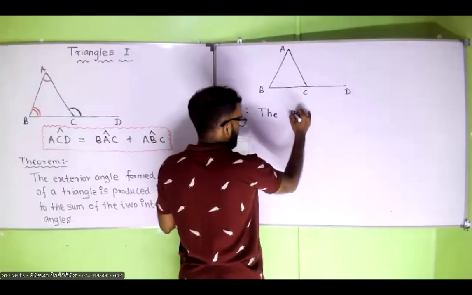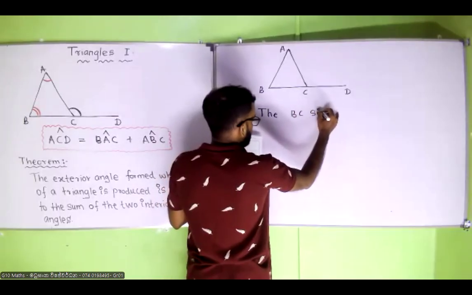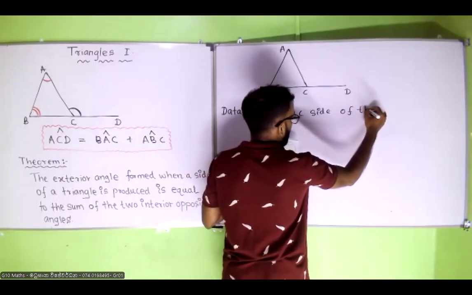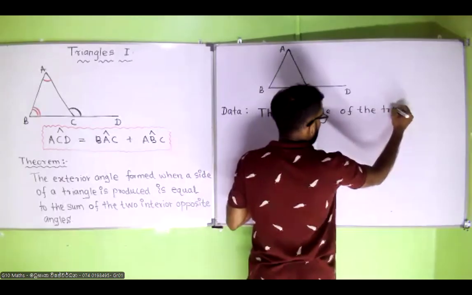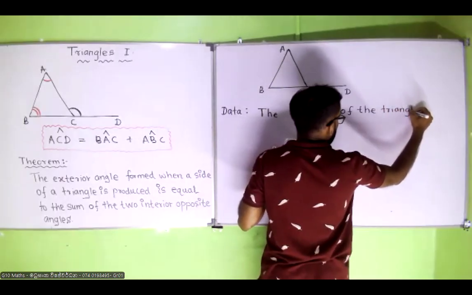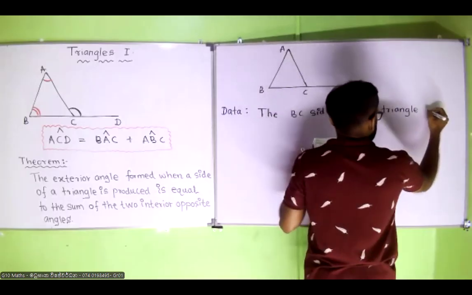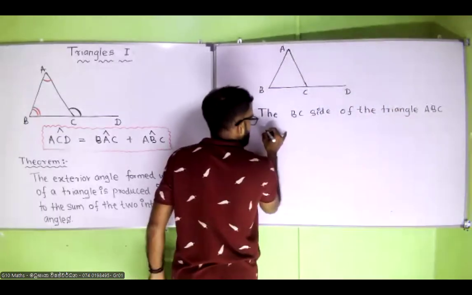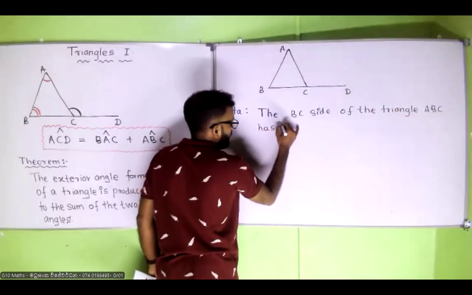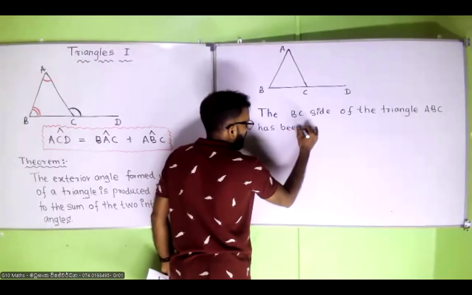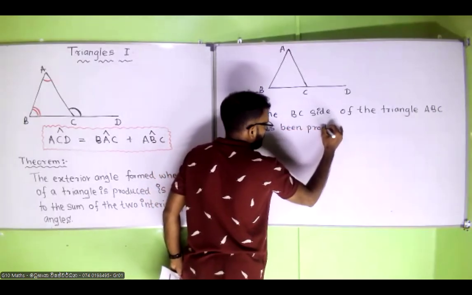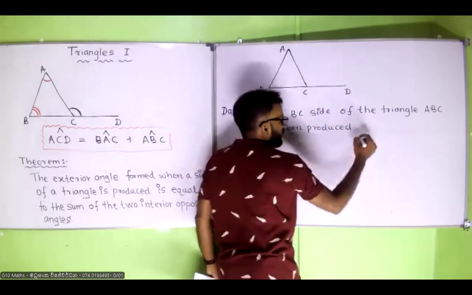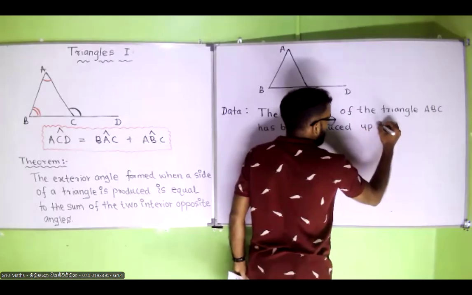The BC side of the triangle ABC has been produced up to D. That is the only data that they have given to us.